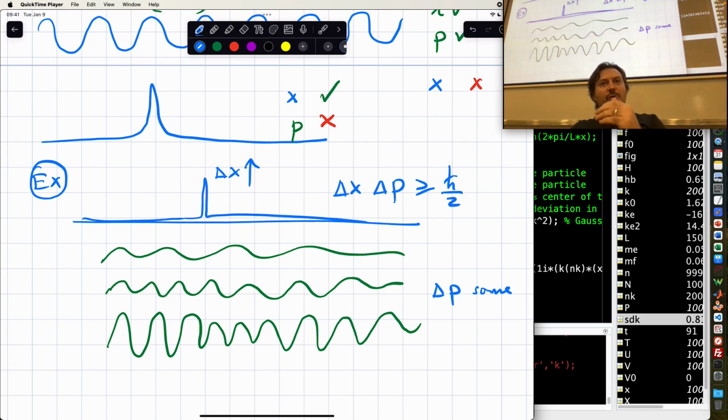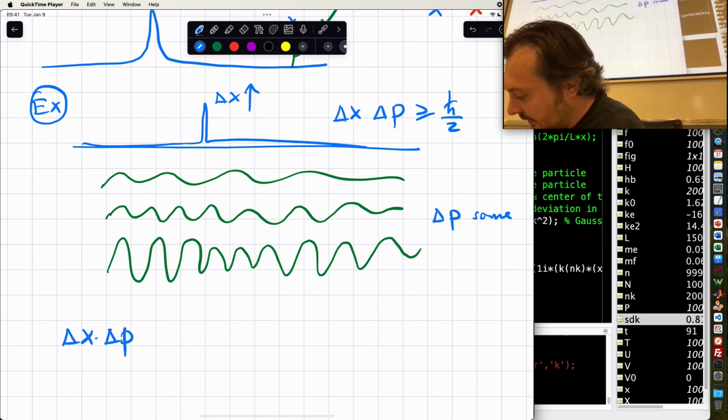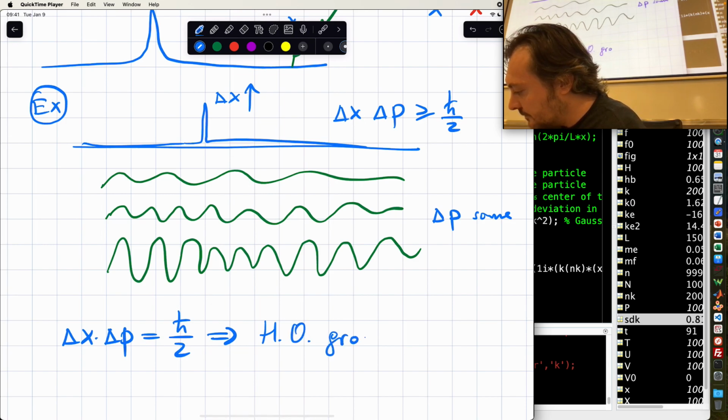It's going low, which is unique. It's hitting that value, which is unique. And you actually do hit this value, delta x delta p equals h bar over 2. For example, one famous example is the harmonic oscillator ground state.